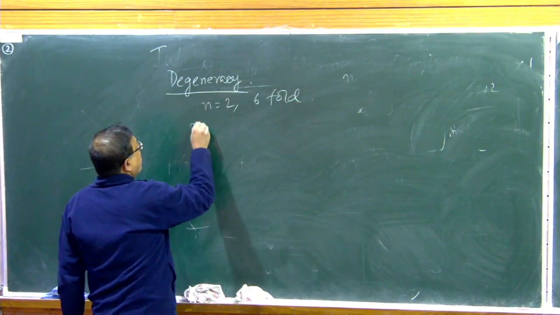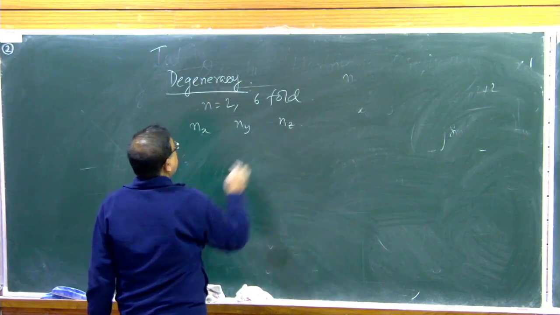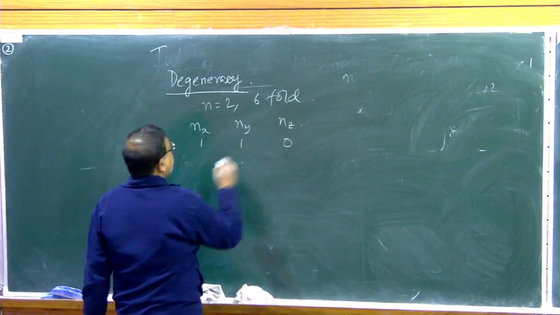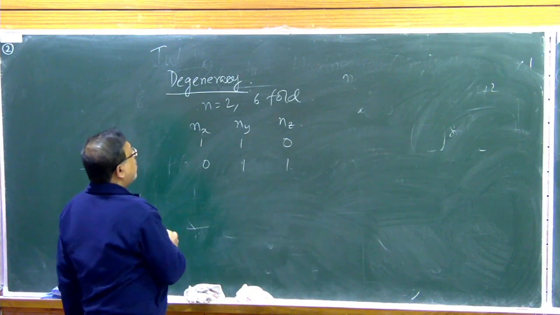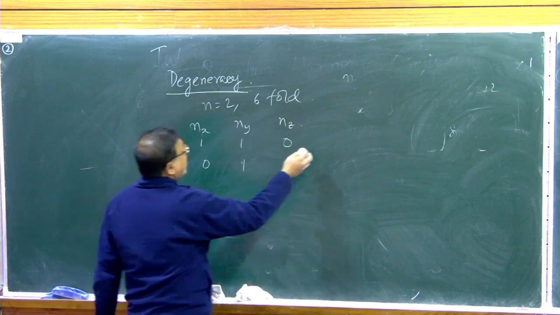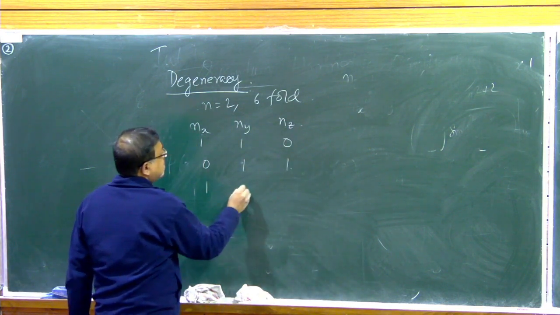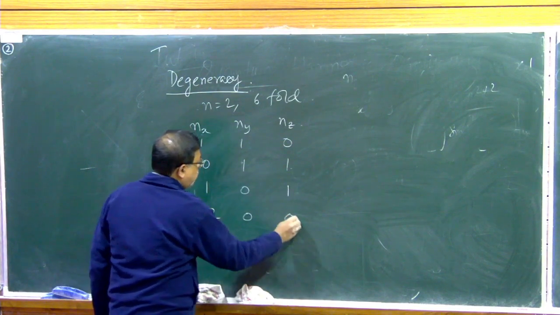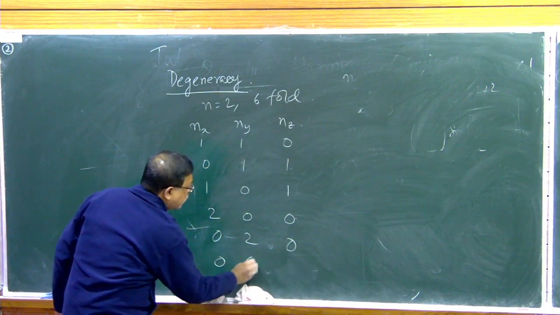You can have nx, ny and nz as 1, 1, 0, or 0, 1, 1, or 1, 0, 1, or 2, 0, 0, or 0, 2, 0, or 0, 0, 2. All of these give n equal to 2.